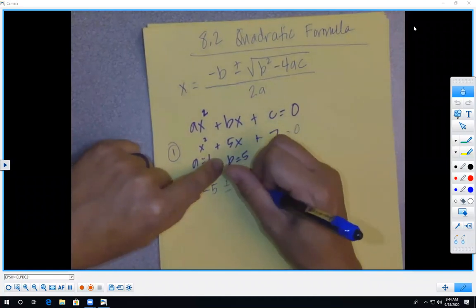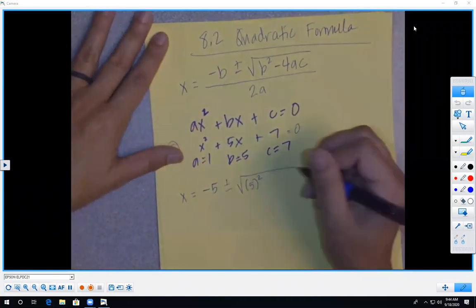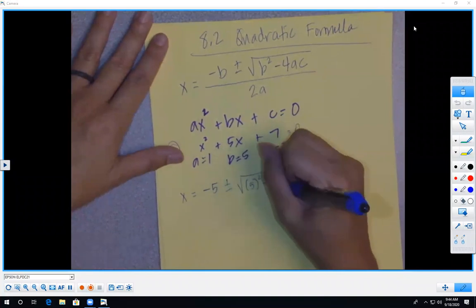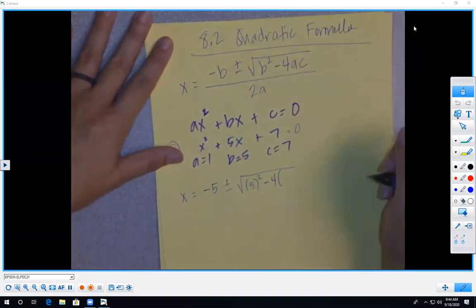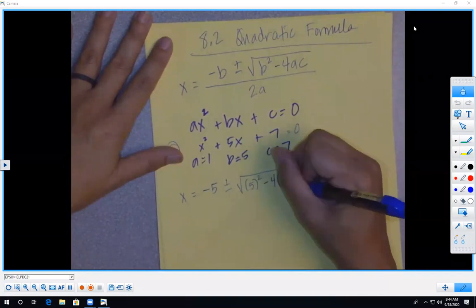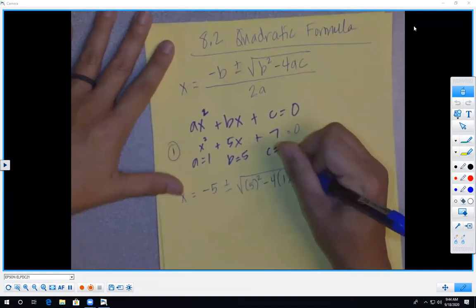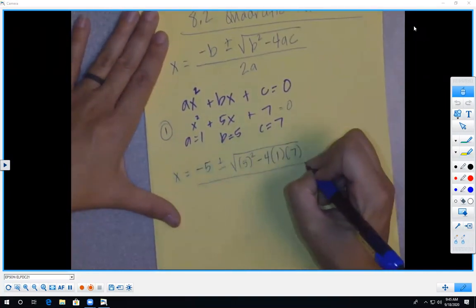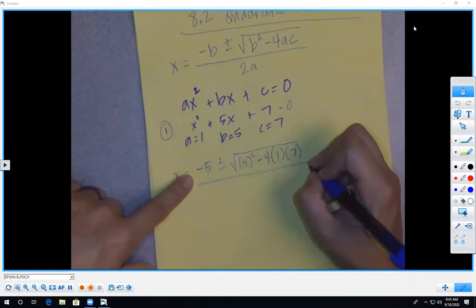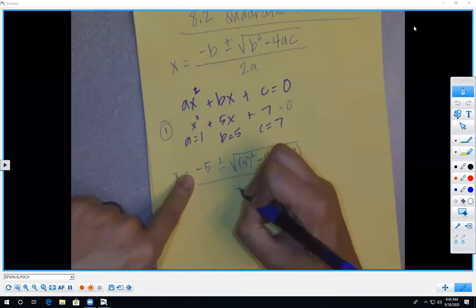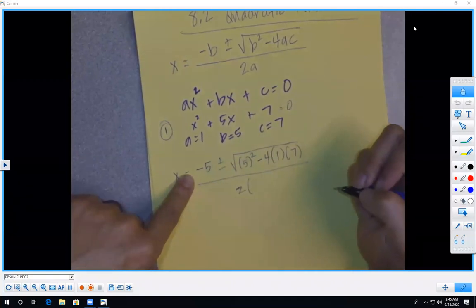So in parentheses, I'm going to put 5 and square it. Minus 4 times a. What's my a value? 1. What's my c value? 7. All divided by, even the negative 5 at the beginning is divided by this. 2 times, what's my a value? 1.